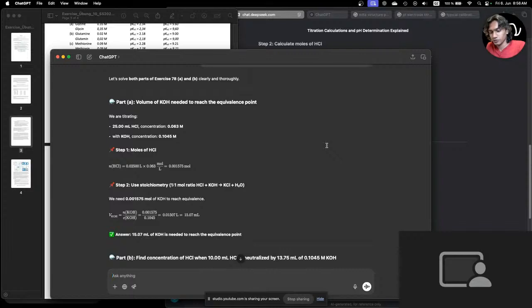The concentration of KOH is from the question, it's 10.45 into 10 raised to minus 2. These both are liters. Mole per liter.